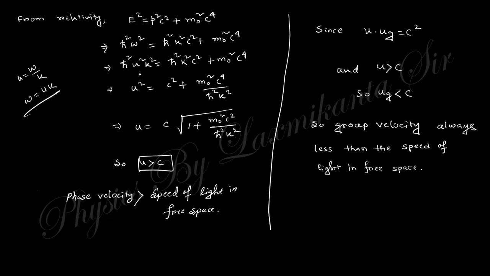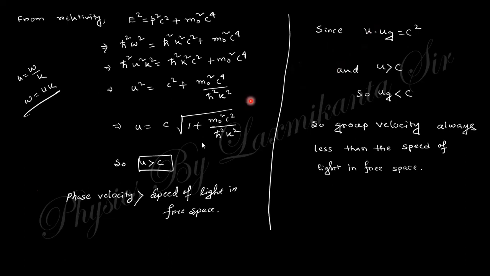Put this in and divide by h cross square k square, and you get the result, taking c as a constant. You can see there is a plus sign, so u must be greater than c, that is the phase velocity is greater than the speed of light in free space.